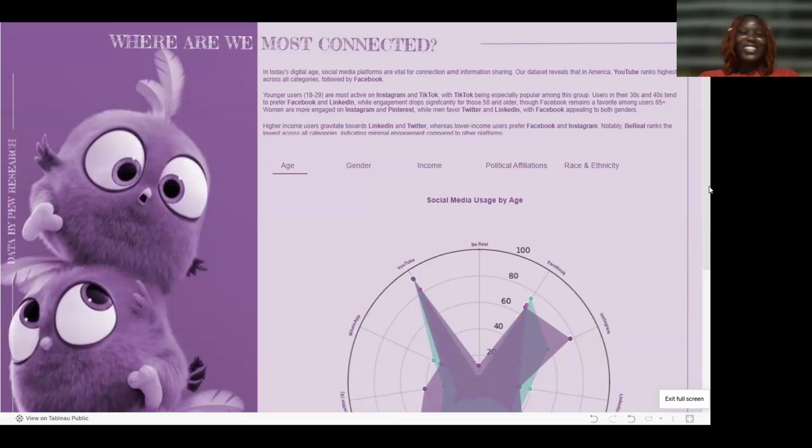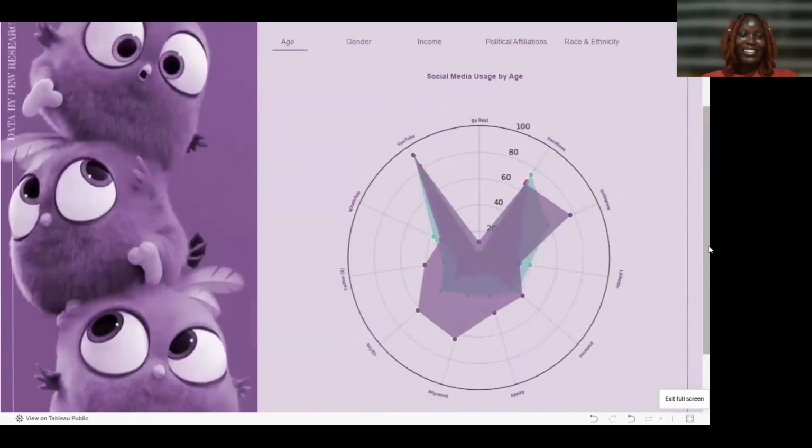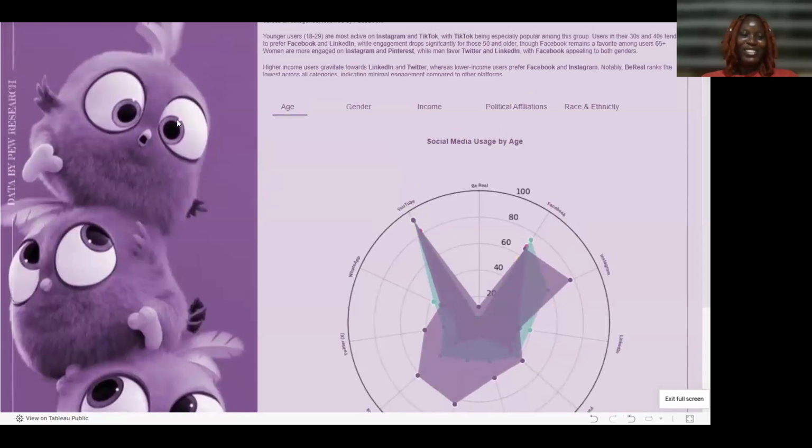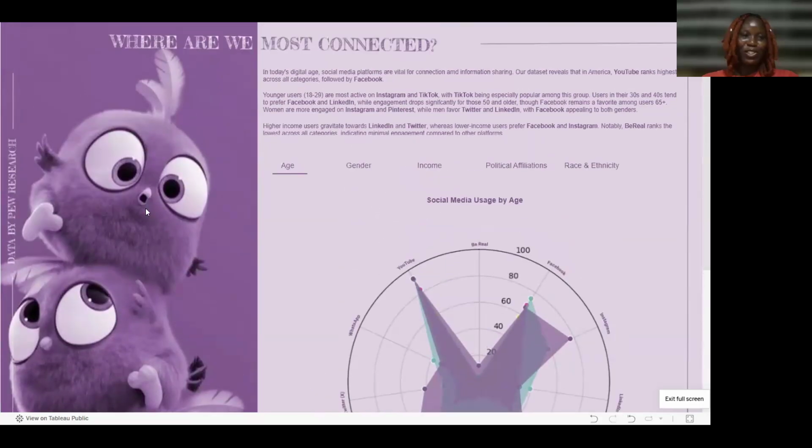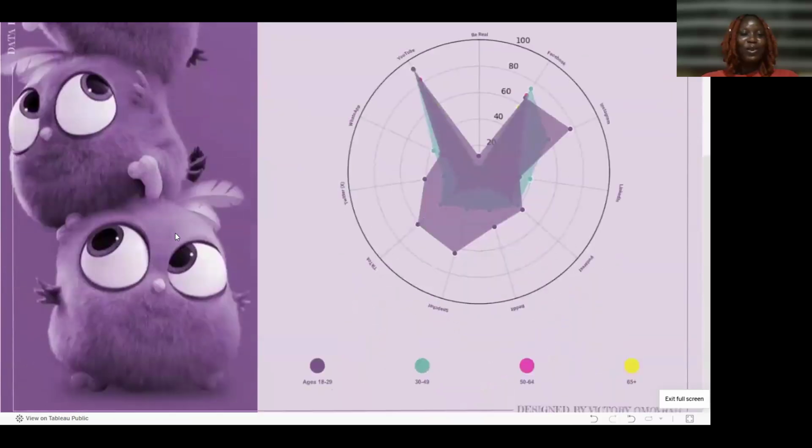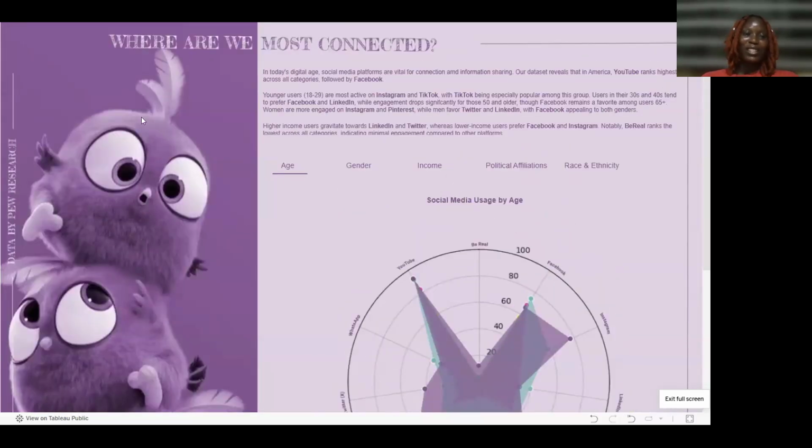So I went online, I got this particular image where I don't know the name of this creature, but I just like how they were all knitted together, stacked on top of each other. I like the colors as well. So I decided to pick this image and add this other part to it.